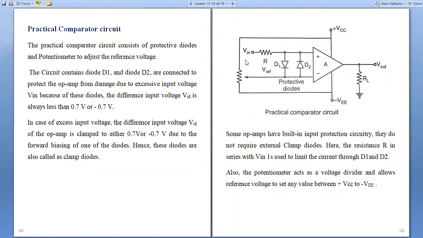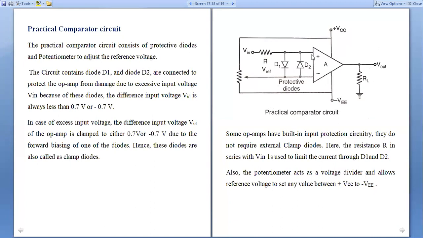In the concept of a practical comparator, see here, this is the input voltage. The input voltage is applied with respect to the reference voltage. Here we see a potentiometer type circuit, or potential divider type circuit, and this is our operational amplifier.